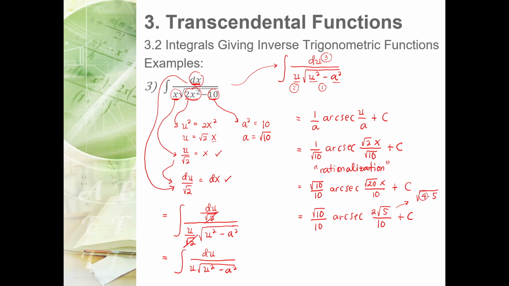So we have 2 square root of 5. So we can cancel this one out. So the final answer is square root of 10 all over 10 arc secant square root of 5 x all over 5 plus c. Okay, so this one is your final answer.